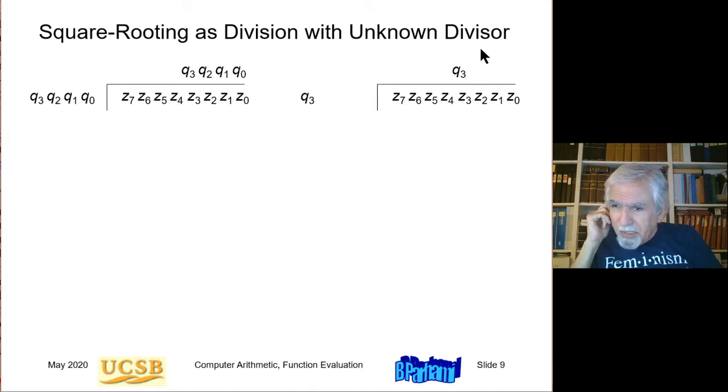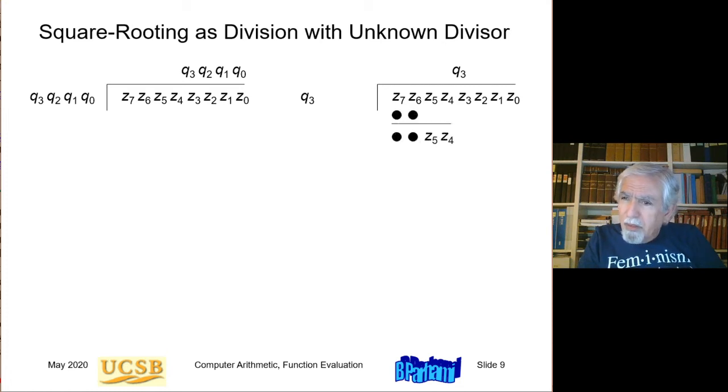Okay, so you can view it in this way. This divisor is not known. As I develop the first digit of the square root, I also get to know the first digit of the divisor. So I multiply Q3 by Q3 and subtract the result. And then now I have to determine Q2 based on what I see here.